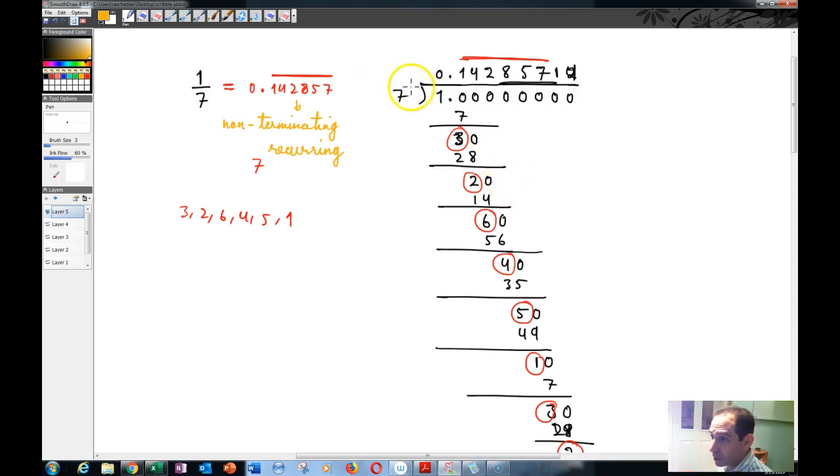And basically the denominator over here, as you can see, is not of the form 2 raised to the power n, 5 raised to the power m, as we had in the previous theorem. It's not of this form. There are no factors of 2 here, no factors of 5 here.